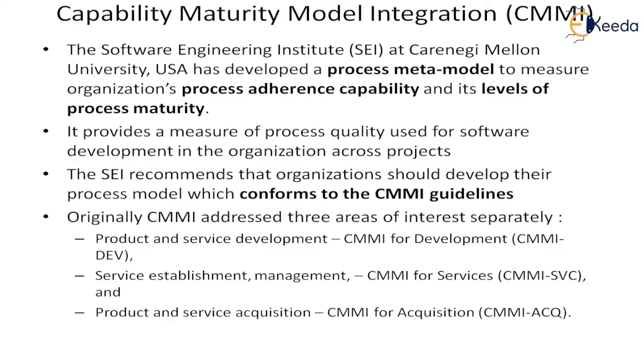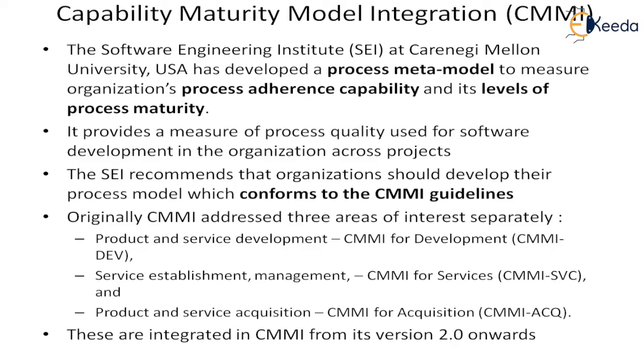Then there was another standard for product and service acquisitions. And then what CMMI did was that all the three were integrated, because there were many industries which provided more than one. So that is why they integrated these and called it CMMI, that is Capability Maturity Model Integration. And from version 2.0 onwards, this was available.